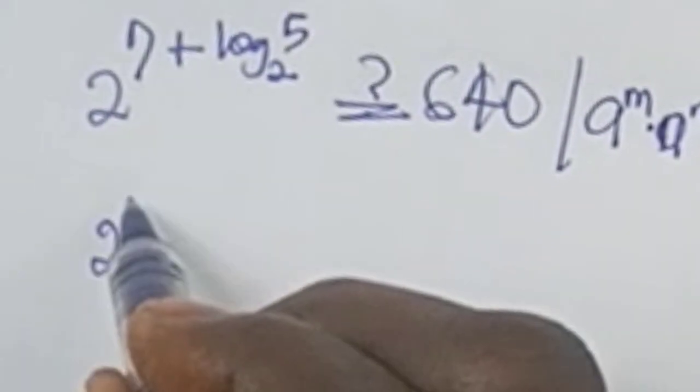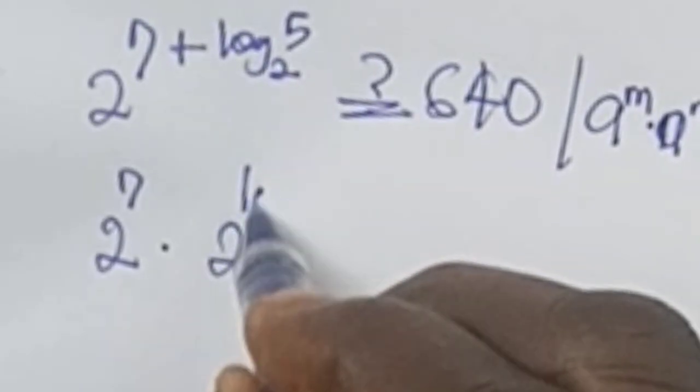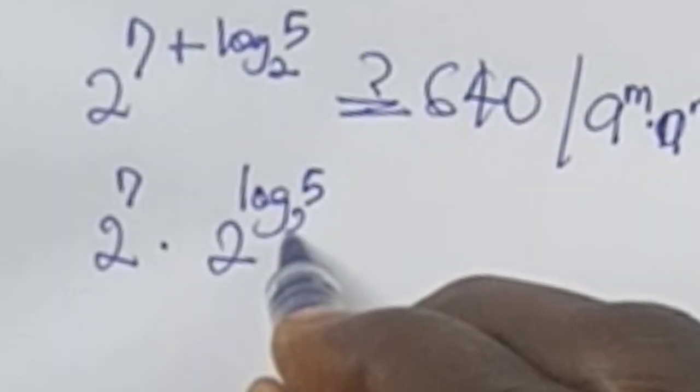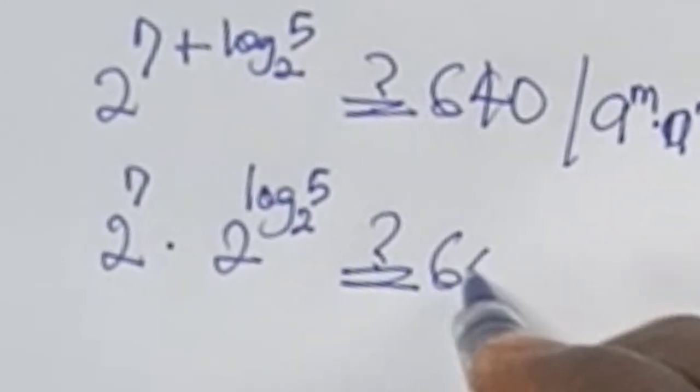So this is in the form of this. So we're going to write it in this form, so that it will therefore be equal to 2 to the power of 7 times 2 to the power of log 5 base 2. Can it be equal to 640?